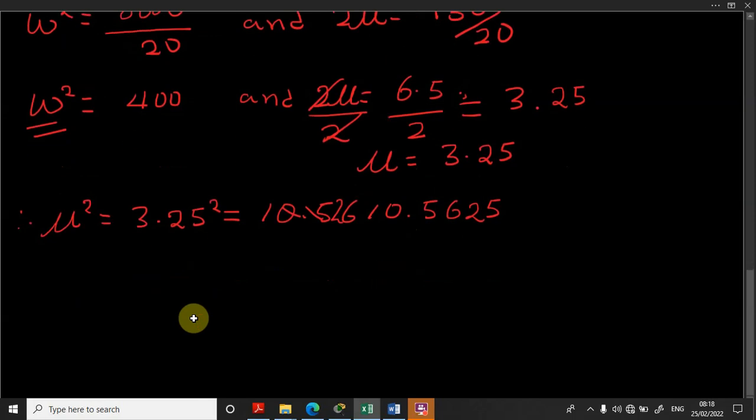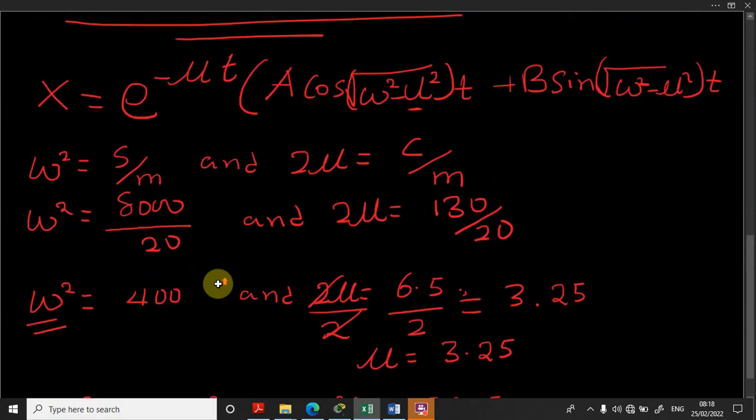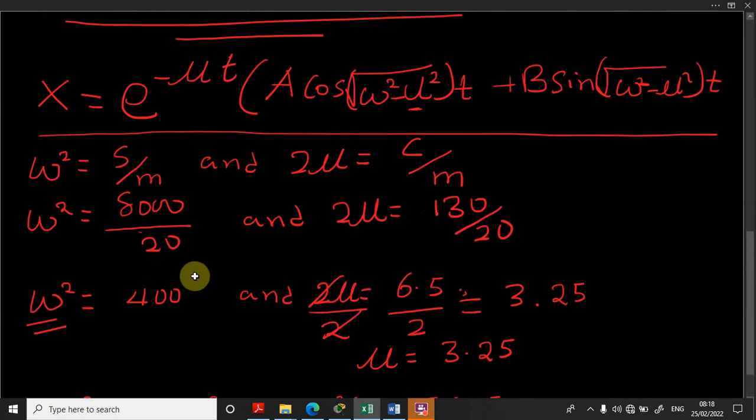Good. Now, having gotten these parameters, you can go ahead and substitute them into this equation. So let's see what we can do.